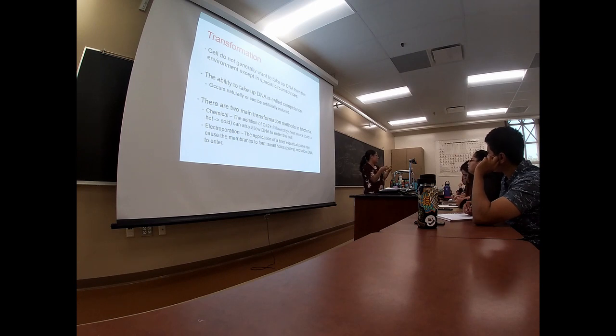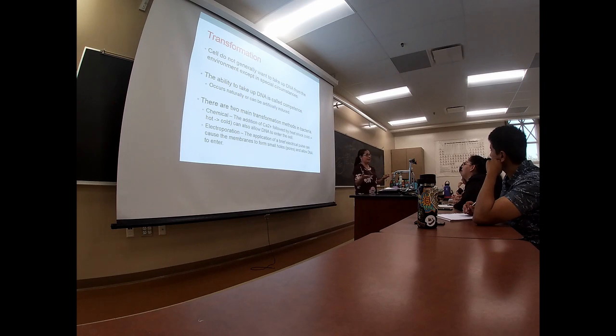That electrical shock also causes changes in the membrane for just that one split millisecond that allows the DNA to float in. It's really hard on the cells. A lot of the cells die because you just shock them for like a millisecond, and they're not happy. But you can get DNA in.